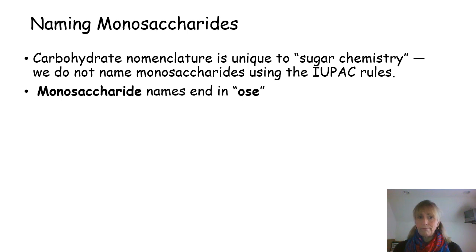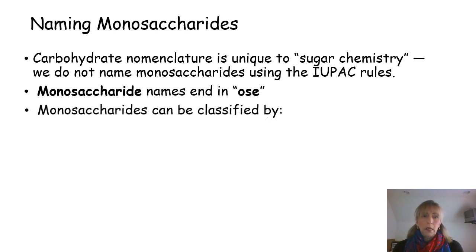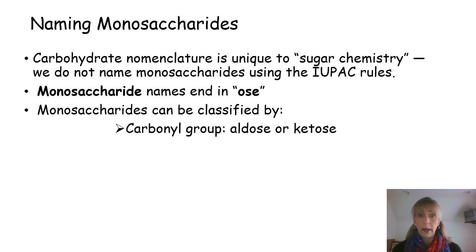Monosaccharide names end in OSE, which means sugar. And monosaccharides are not only classified by whether they have an aldehyde or ketone group, so they're classified by the carbonyl that's present, either the aldehyde or the ketone. So they're either an aldose or a ketose, as we saw.